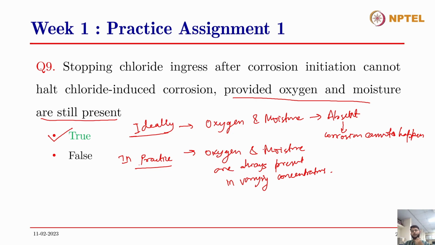Therefore, once the corrosion initiation has taken place, stopping the chloride ingress will not halt the chloride-induced corrosion unless, as Dr. Satish has already mentioned, there are certain techniques by which we are able to restrict or elongate the corrosion process. But unless we do that, we won't be able to reduce the corrosion by stopping the chloride ingress.